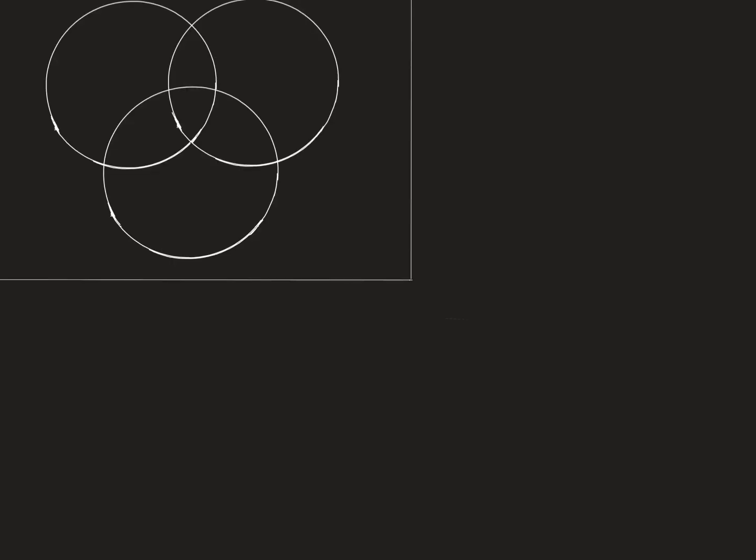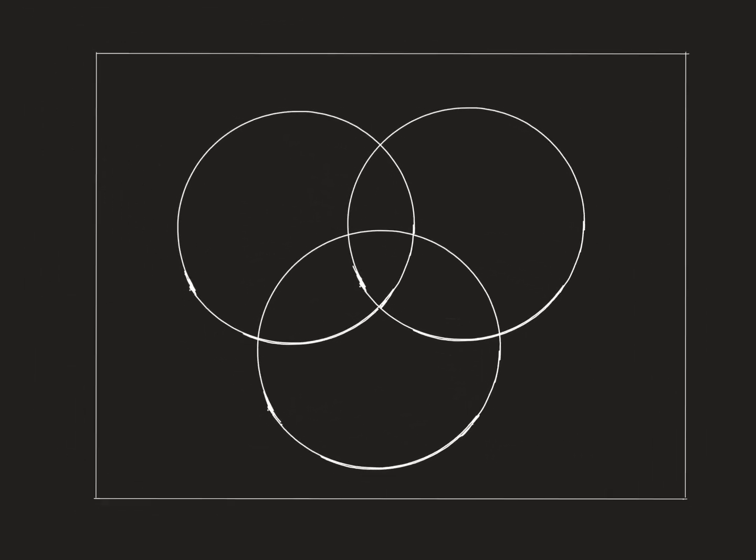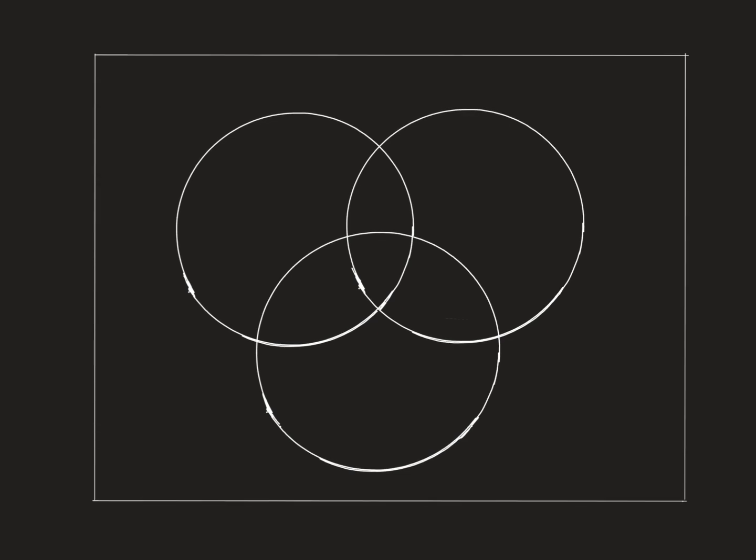So let's have the diagram like this. The first thing to indicate on the diagram is the universal set, represented with the letter U. Then let's say one of the circles is biology, the other one is physics, and the other one is chemistry.